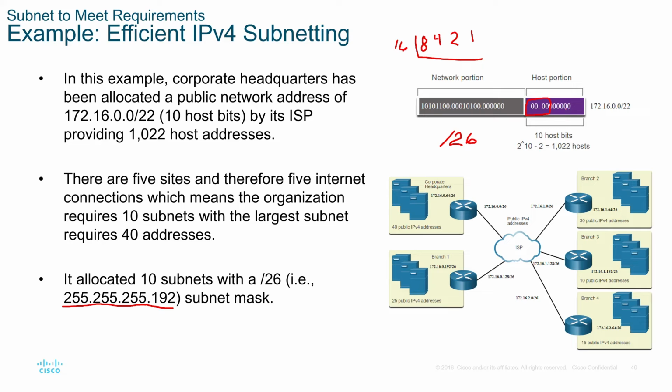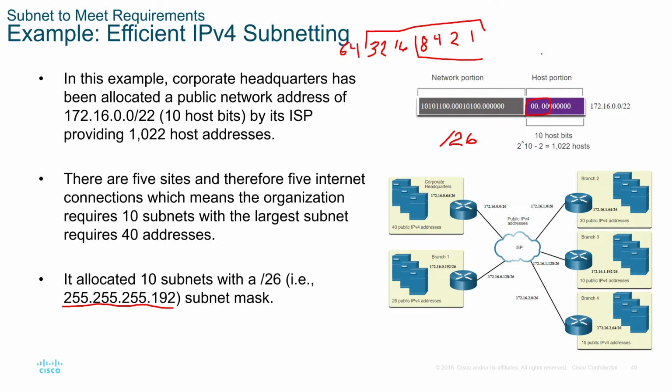That leaves me with 1, 2, 3, 4, 5, 6 bits for the host. If we went out 6 bits, 1, 2, 3, 4, 5, 32, and then 64, six bits would give me 64 combinations, 62 I could actually use.